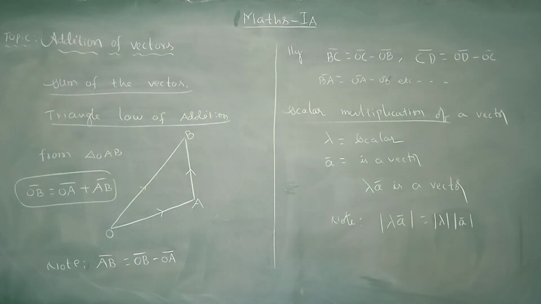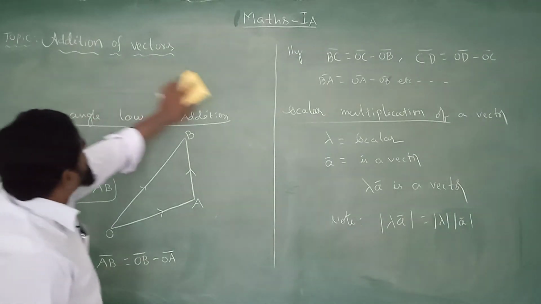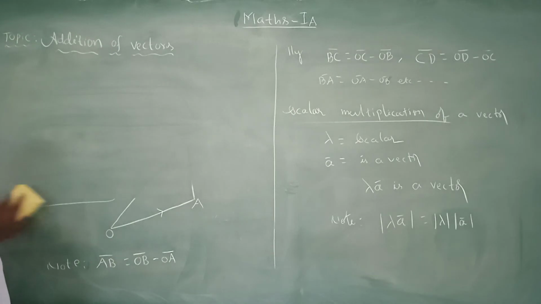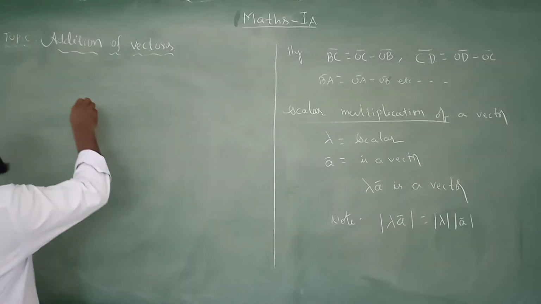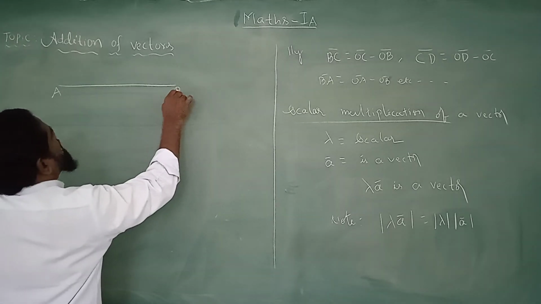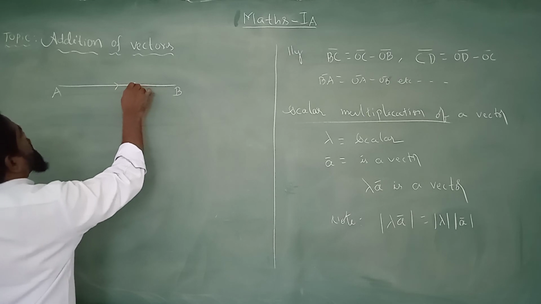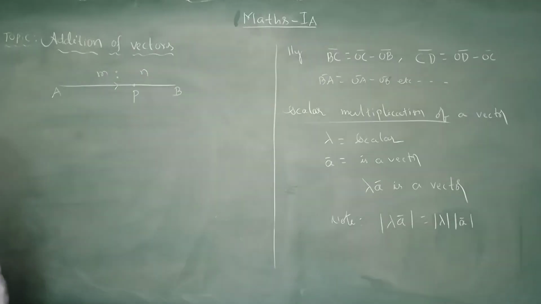One more important thing: the section formula. Suppose AB is a vector and P is a point that divides the vector AB in the ratio m is to n.